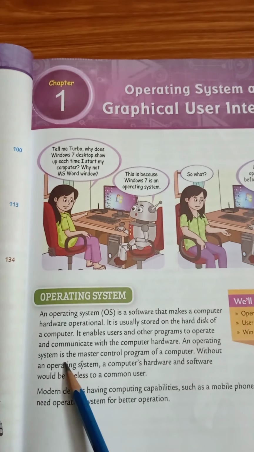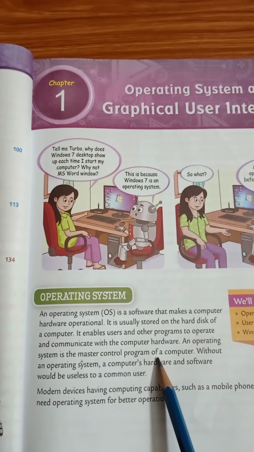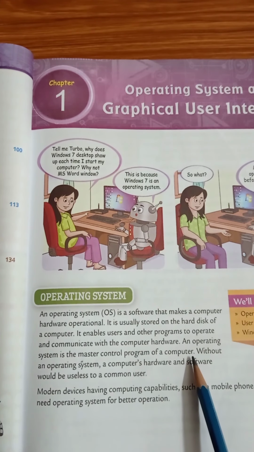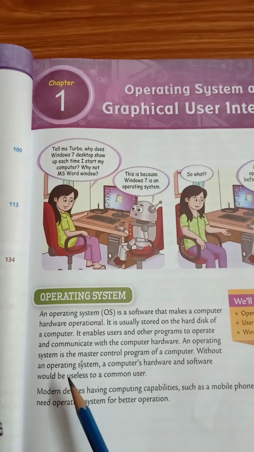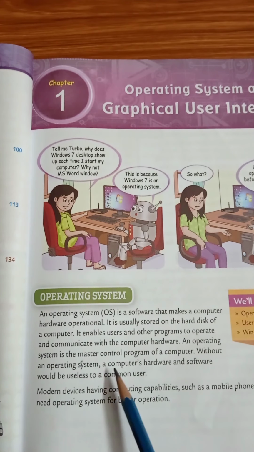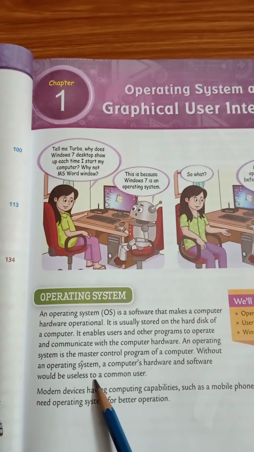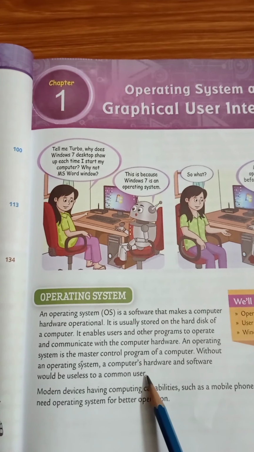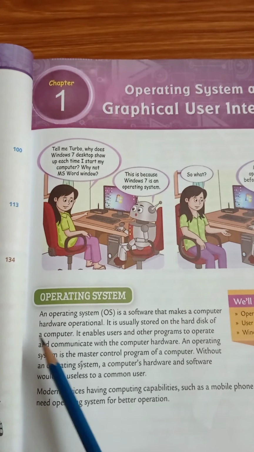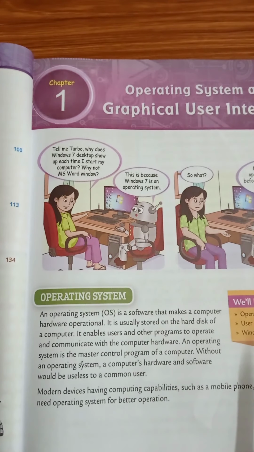An operating system is the master control program of a computer. Without an operating system, a computer's hardware and software would be useless to a common user. So this is the definition of operating system.